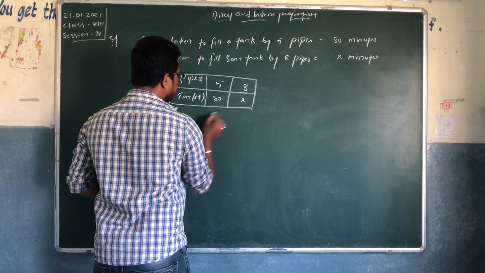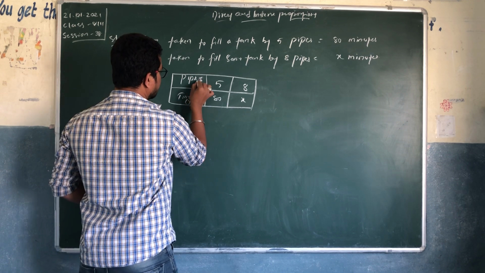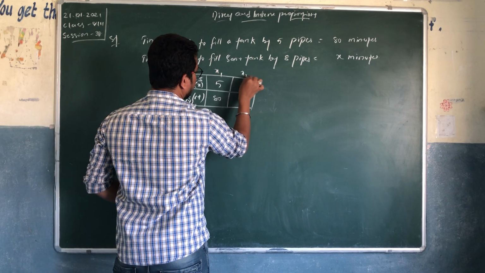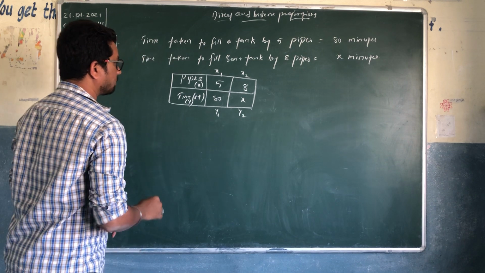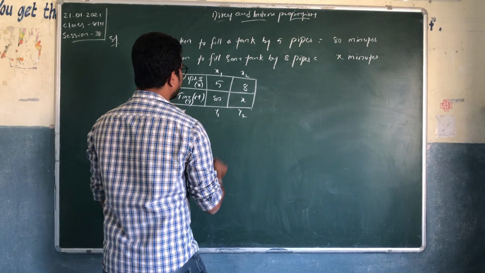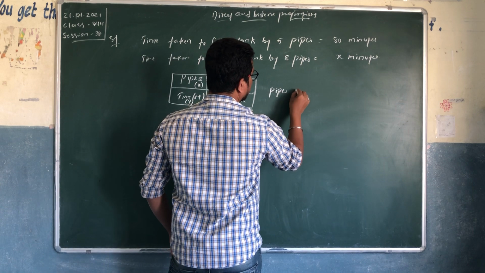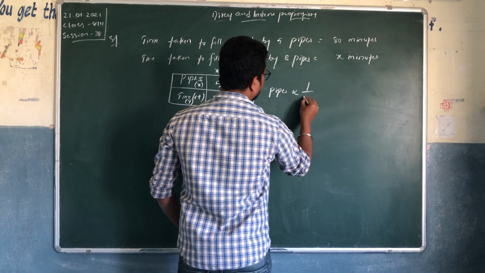Now these are x terms and these are y terms, so this can be x1, x2, y1, y2. Now here we can say pipes are directly proportional to 1 by time.